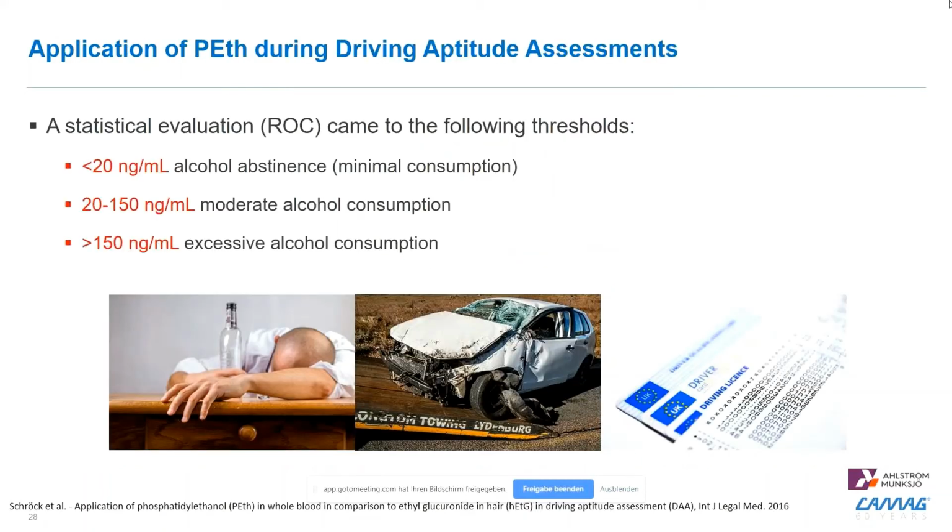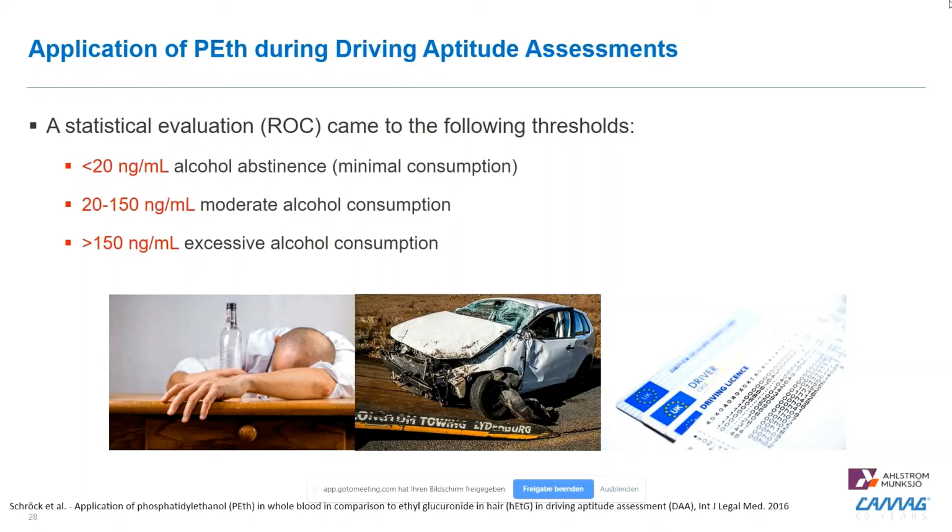The applications of phosphatidylethanol in real life are various. One example is during driving aptitude assessments. This is performed also within Switzerland. If somebody gets caught with a too high amount of ethanol within their blood, they are assessed if they are fit to drive, to participate in traffic.